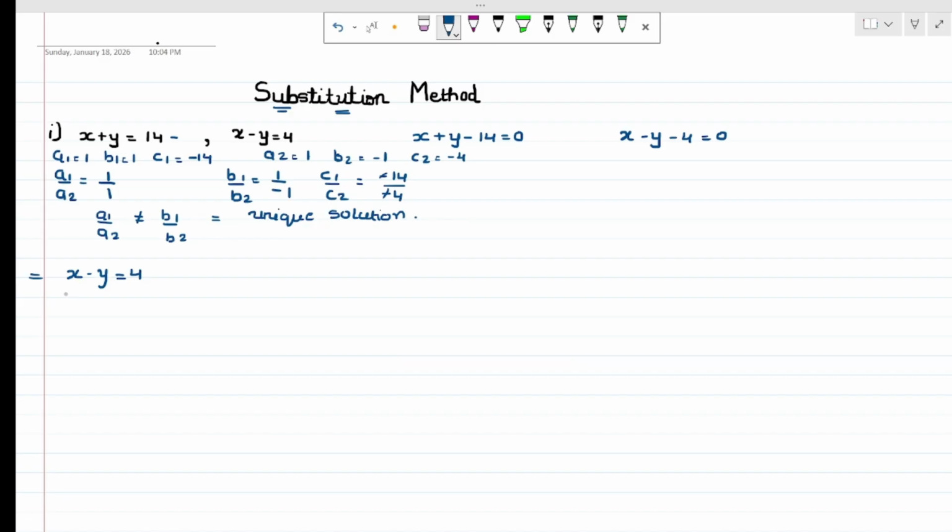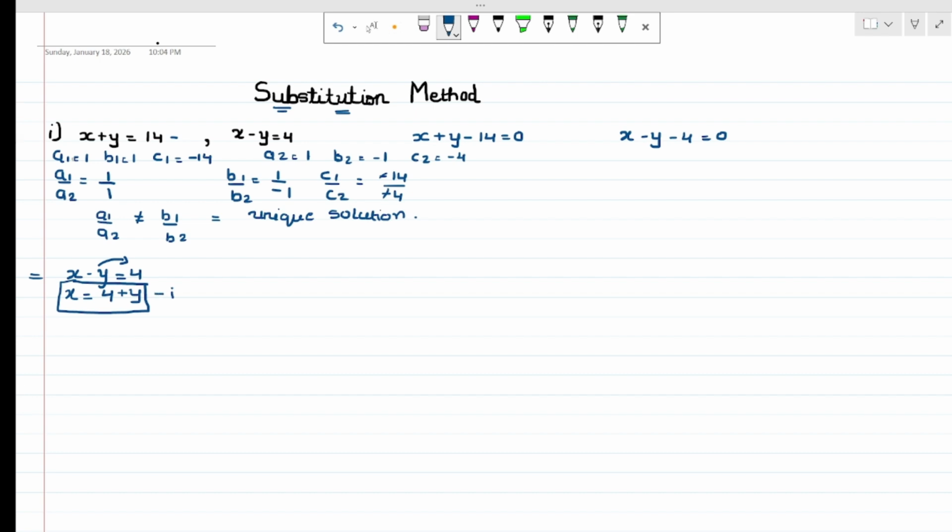I am going for x. So if I am making this equation for x, what will it become? x will be equal to 4 as its own place. My minus y is changing its place and it will become positive y. So my equation becomes x is equal to 4 plus y. Keep this equation in a box and keep it aside.